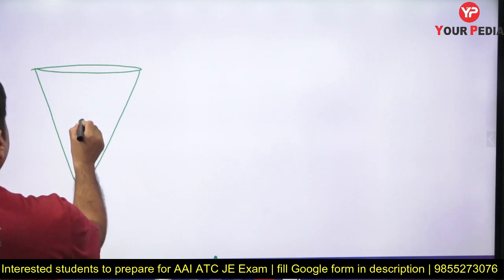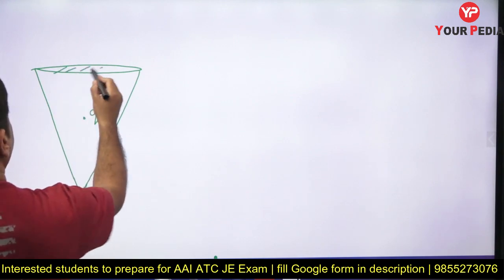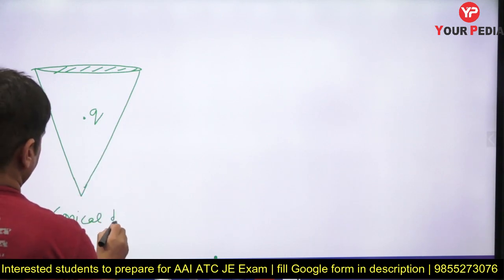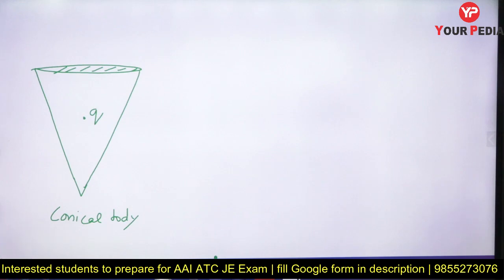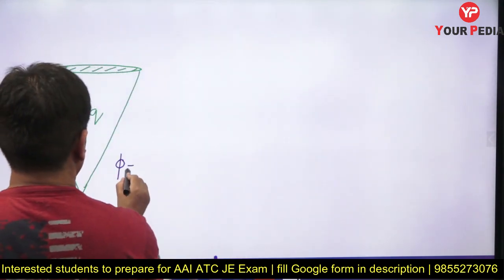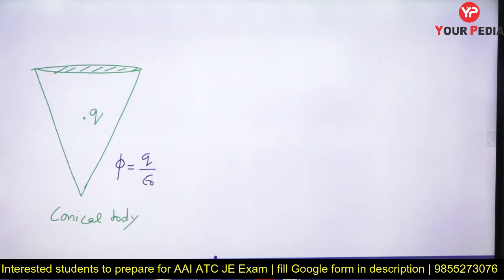A conical shaped body, and charge Q is kept inside that. Right? What will be the electric flux? Any idea? What will be the electric flux? Q by epsilon naught. Everybody knows, that is Q by epsilon naught.